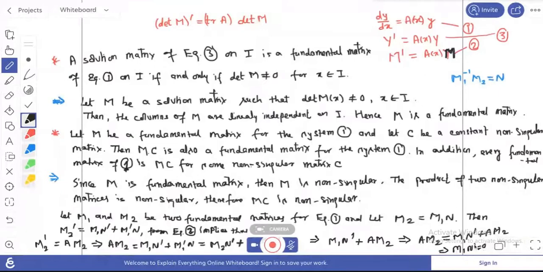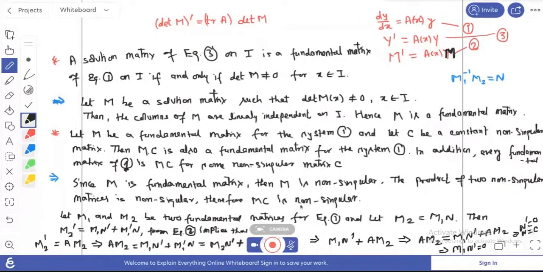This means the product of these two matrices is a null matrix, and here M1 is non-singular. This implies N prime is singular, so you get that N prime is the null matrix. So N is your constant matrix. Therefore N equals C.